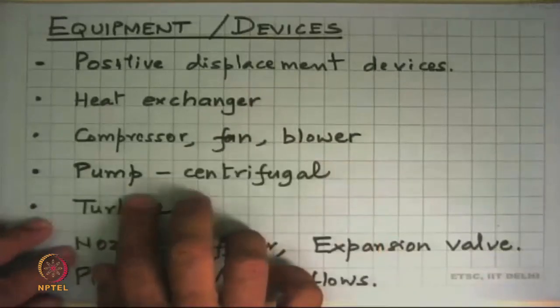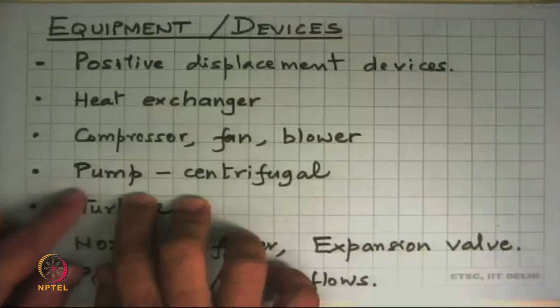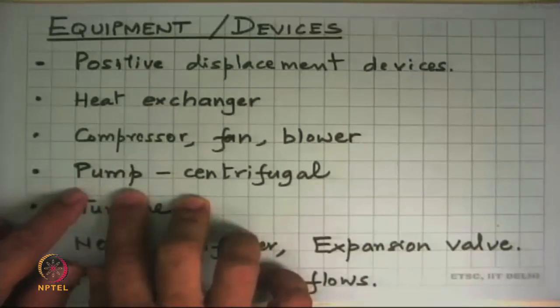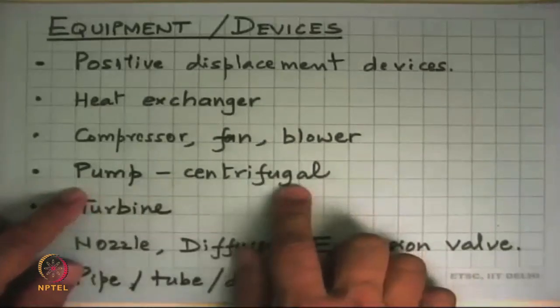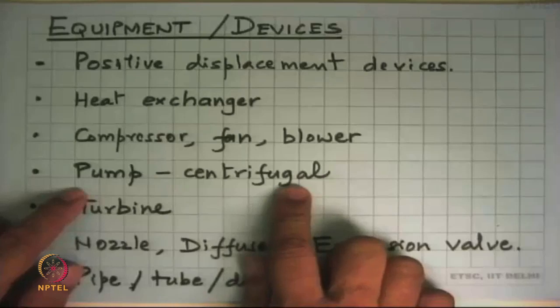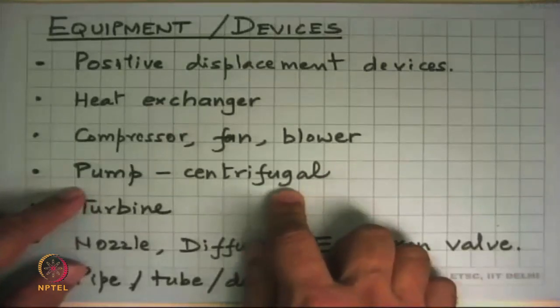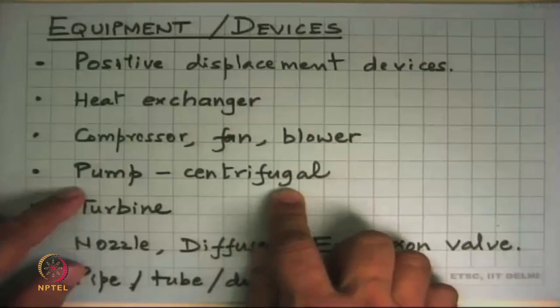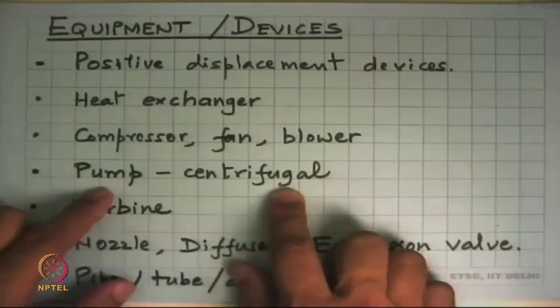The fourth type of equipment we will look at is what is known popularly as a pump. And in particular, we will look at centrifugal pumps. Now, just to remind you that the most commonly used engineering machine all over the world is the electric motor. And the second most common machine in use is the centrifugal pump.